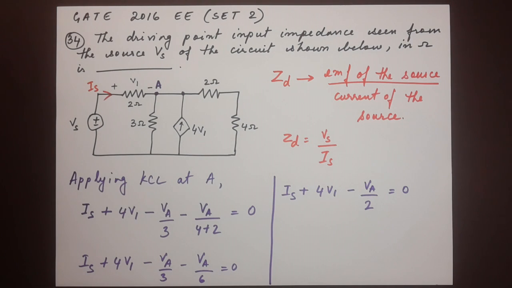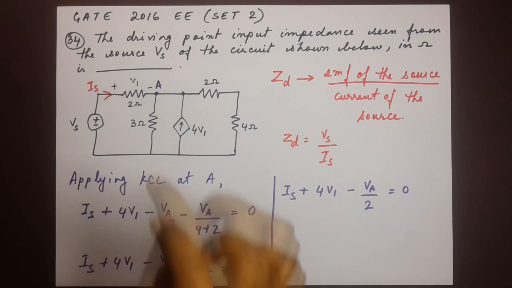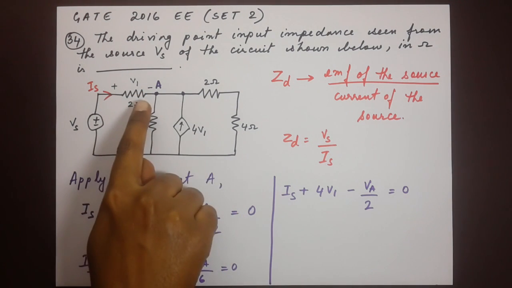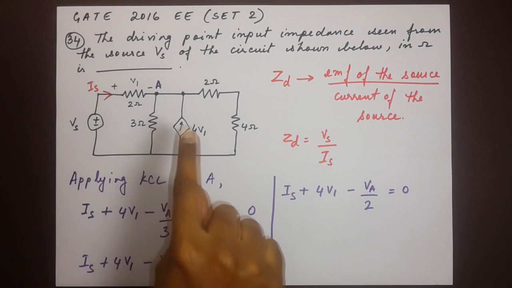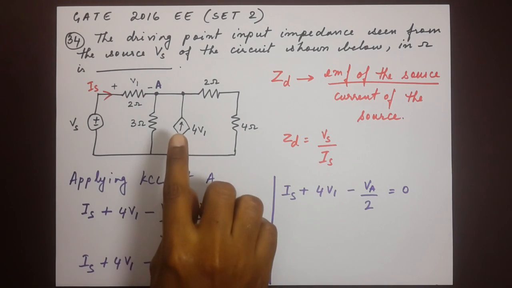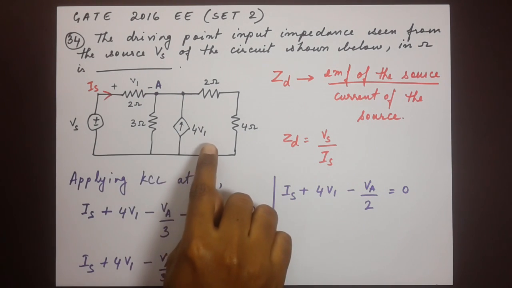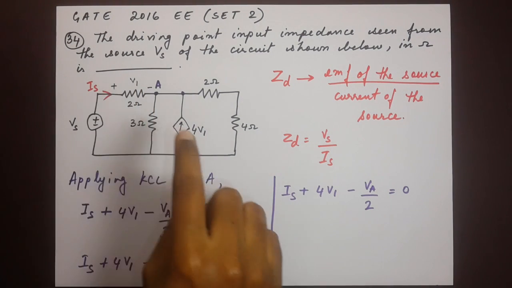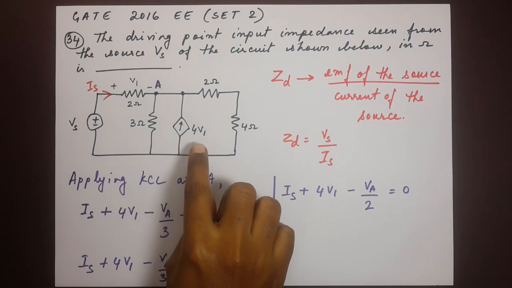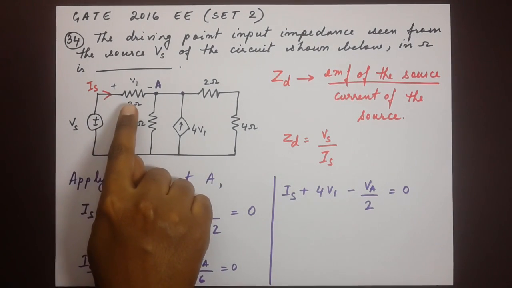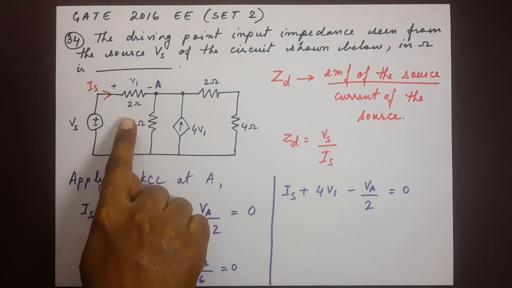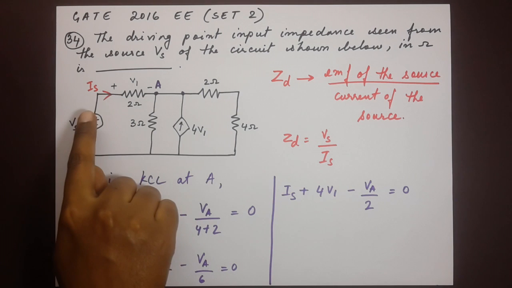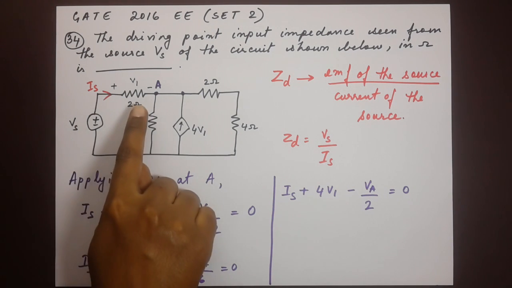Next, let's look a little further at the circuit. Now V1 is the voltage across that resistance there. That's what's given in the circuit, V1. And here the current from this current source is 4 times V1. So if we look at just the resistance there, V1 is the voltage across that resistance, 2 is the value of the resistance and Is is the current passing through that resistance.